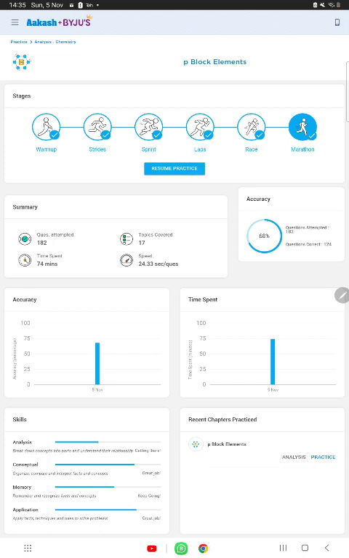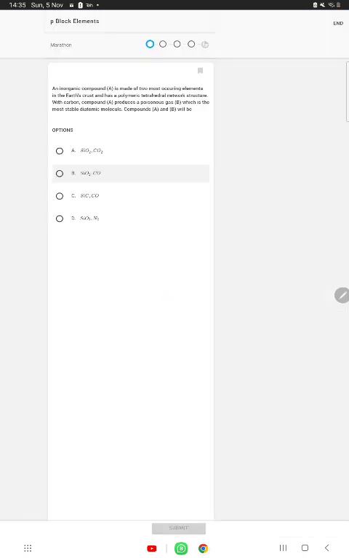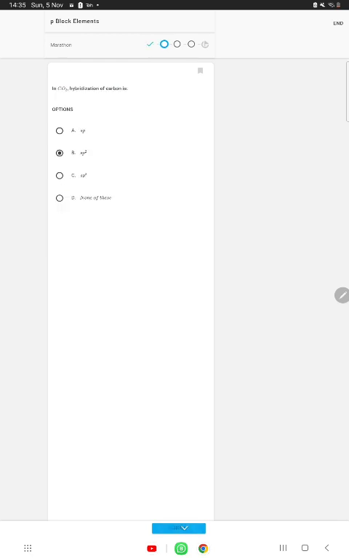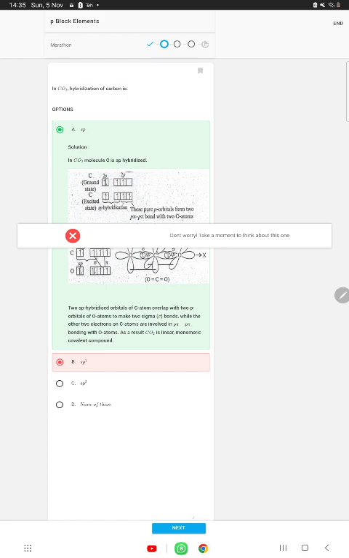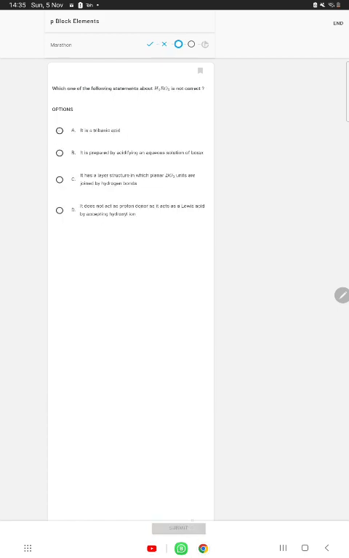An inorganic acid CO2. Which one of the following H3BO3 is not correct? Tribasic. It is tribasic acid. It does not act as a proton donor as it acts as a Lewis acid.